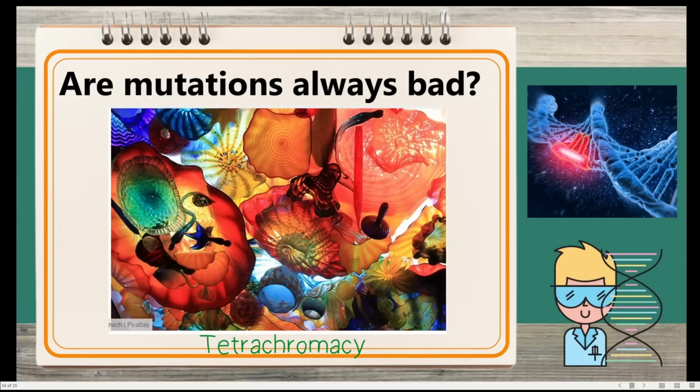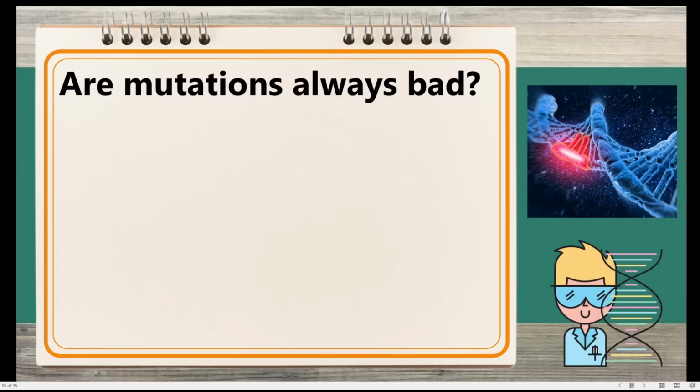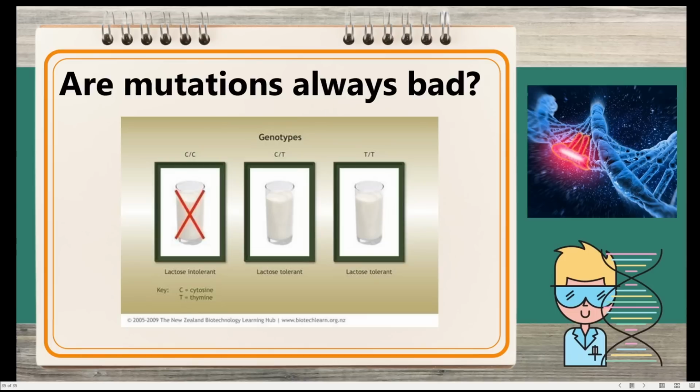And the last example of beneficial mutation that we have here is lactose tolerance. Meron tayong tinatawag na lactose tolerance and lactose intolerance. Pag sinabi nating lactose tolerance, yun yung mga tao na kahit uminom sila ng gatas, hindi sumasakit yung tiyan nila. They are able to digest lactose.